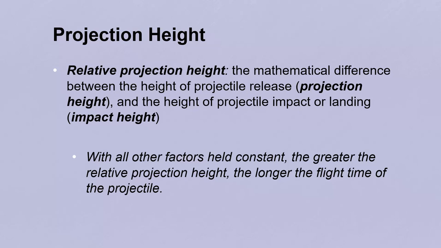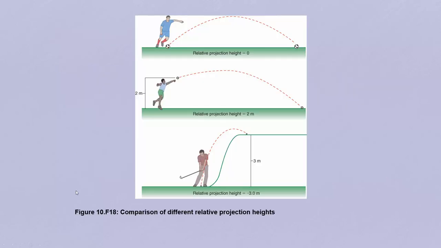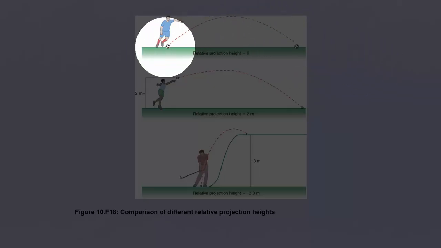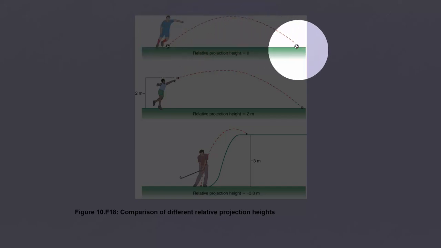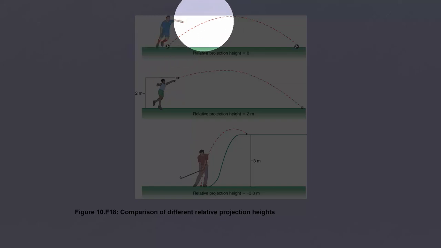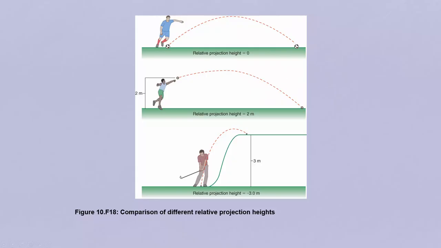So if we take, for example, the soccer ball, this is a soccer kick right here. This is the same example I showed you earlier. The soccer player kicks the ball and it lands at the same height on the ground. So its flight time is governed strictly by 9.81 meters per second squared and its velocity and angle.